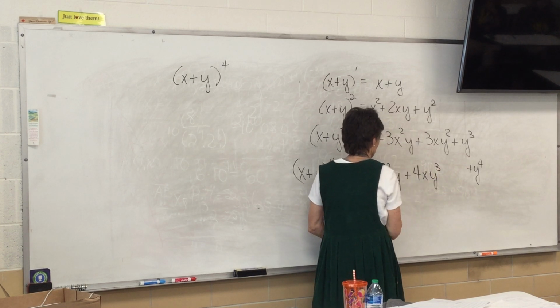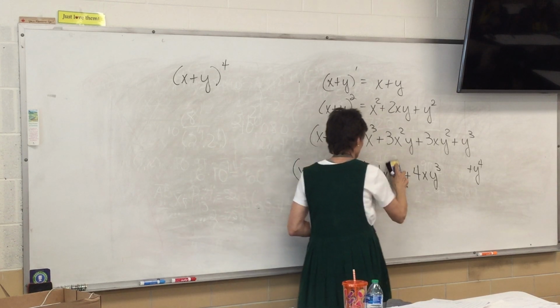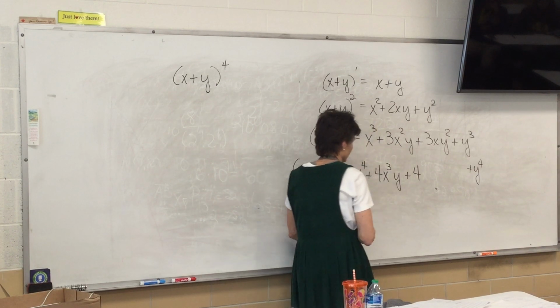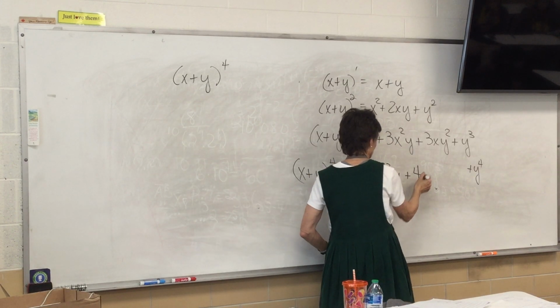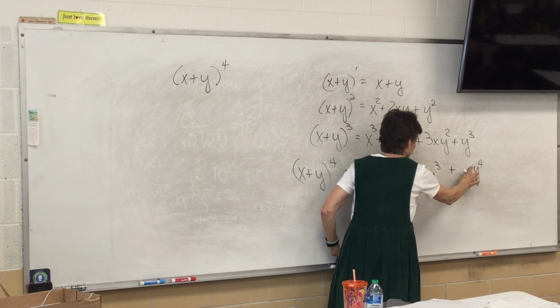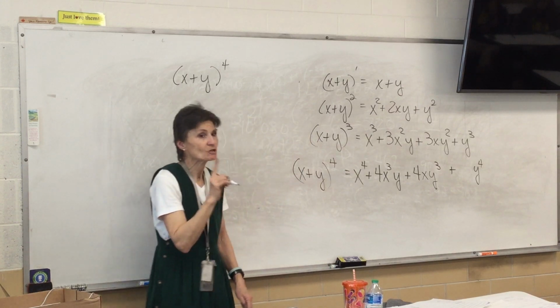No, the x should be a 3 too as well, sorry, that's my fault. This one's cubed? Yeah. And then x, and the y would be cubed that way. That's right. Okay, now that's not quite right, but he's on the way.